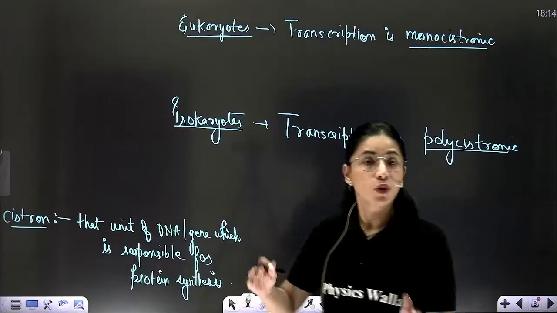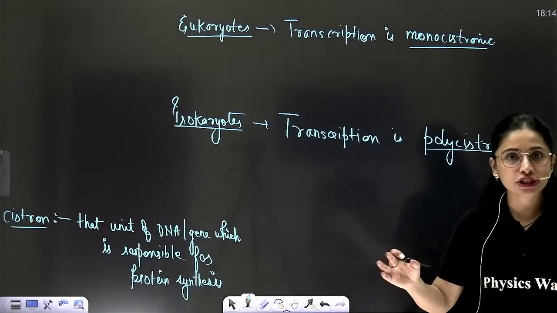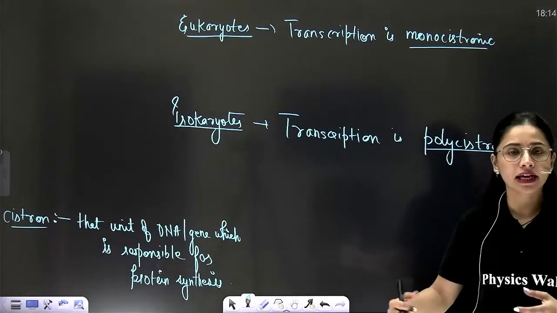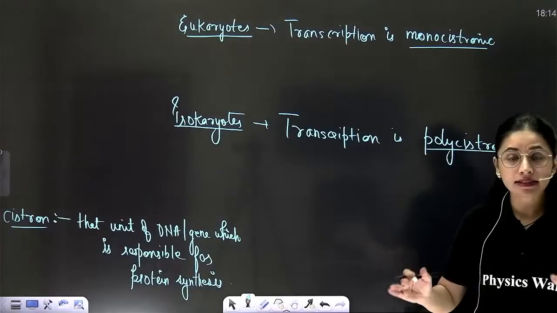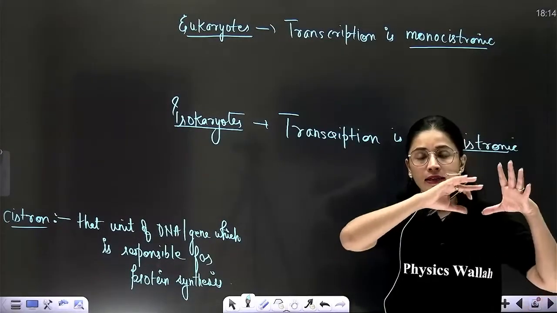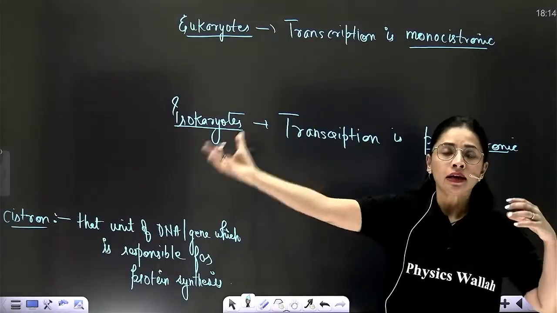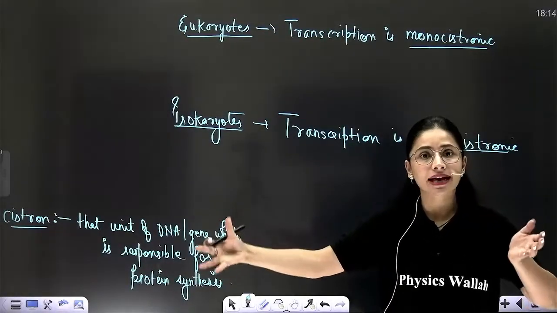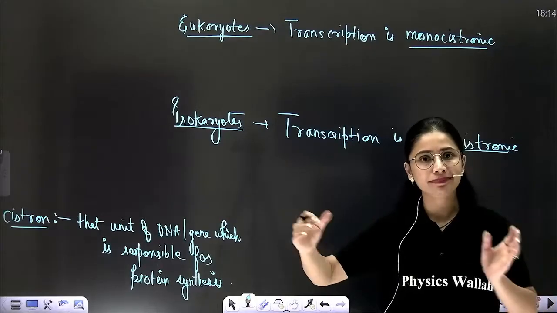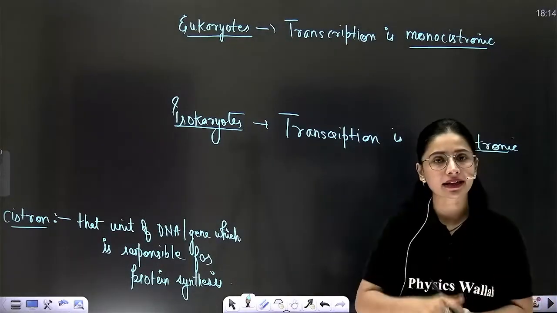Now, monocistronic means in a gene there is only one active segment to produce protein. Polycistronic means that in a gene there is DNA where you can obtain many active regions for synthesizing protein. Clear? Poly means many, cistron means active region.